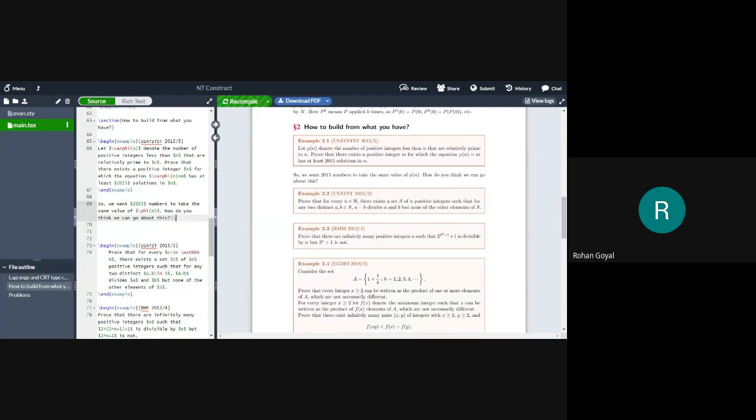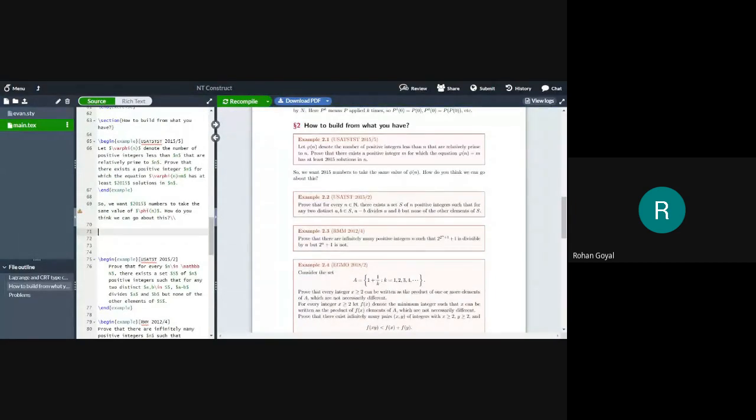There's a very smart solution to this, and I don't think that smart solution is so hard to motivate here. We just assume the prime factorization of n and then write phi of n, and then we will try something.